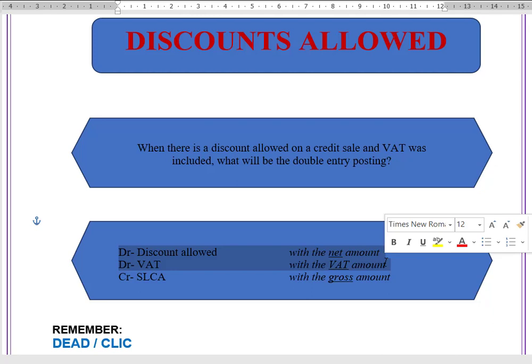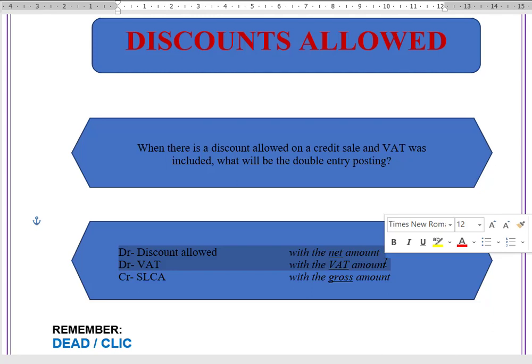Please don't forget that. And then you credit SLCA with the gross amount. SLCA, why? Because when the customer bought the item from you, they bought it on credit. So I would have debited my SLCA account. That is to say, they're owing me some money. It's an asset in my hands. Okay, they've now paid, but they didn't pay the full amount.